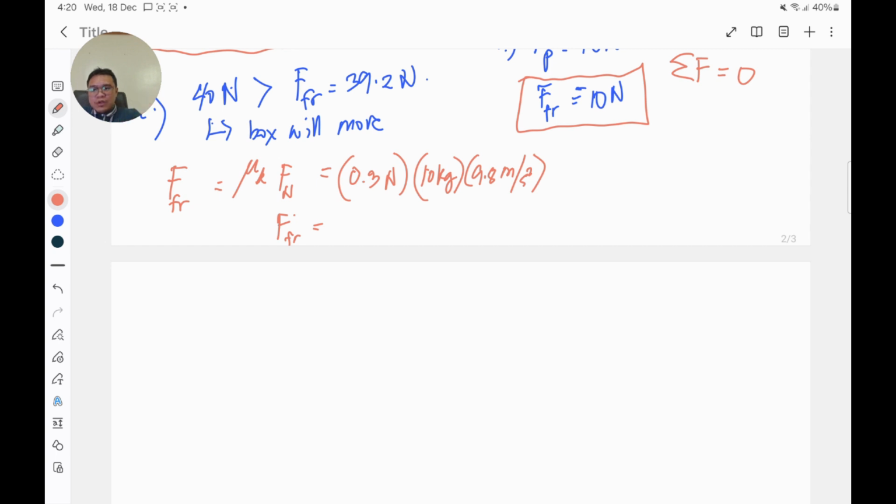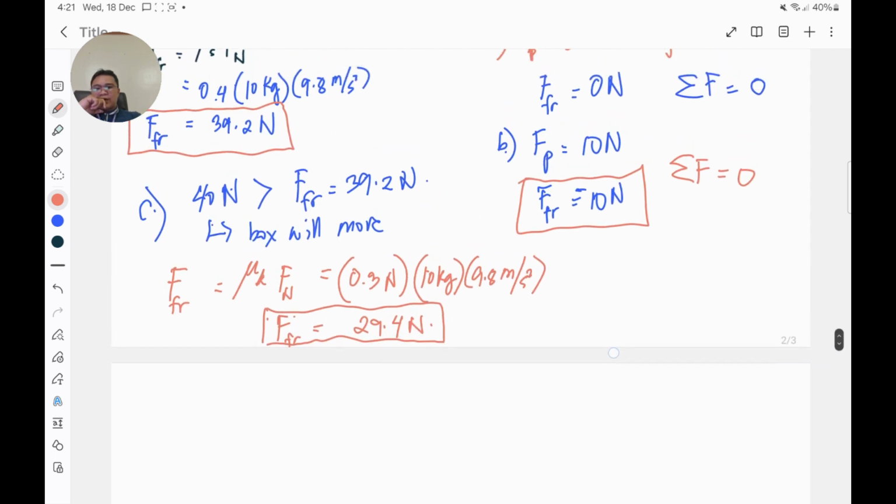So this is around 29.4 newtons. So now this is 29.4 newtons. Let's box that one. That is now the value of our kinetic friction for this case. So that's the answer for letter C.